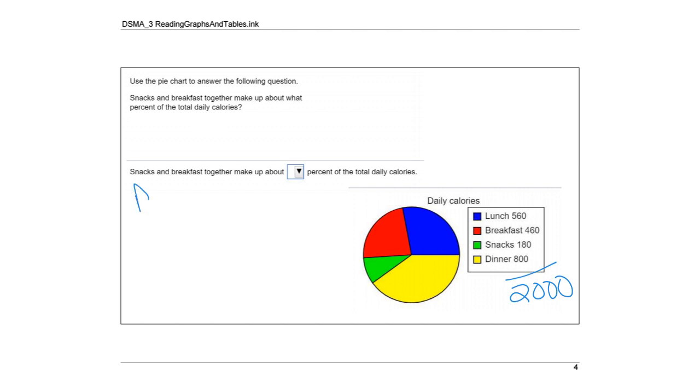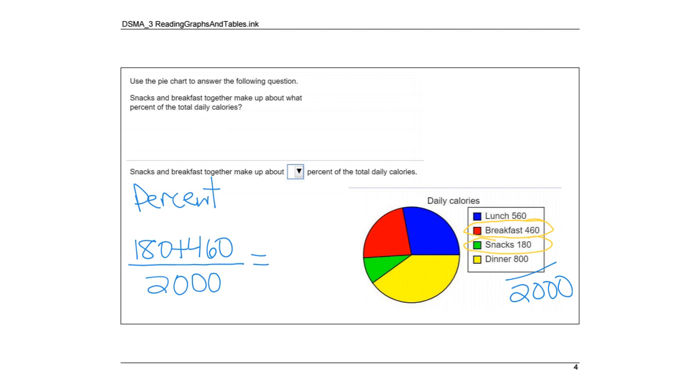So if we want to know the percent, we're going to put the snacks and breakfast. So breakfast is 460, snacks 180. So I'm going to go ahead and put 180 plus 460 over 2,000. Let's see what we get.